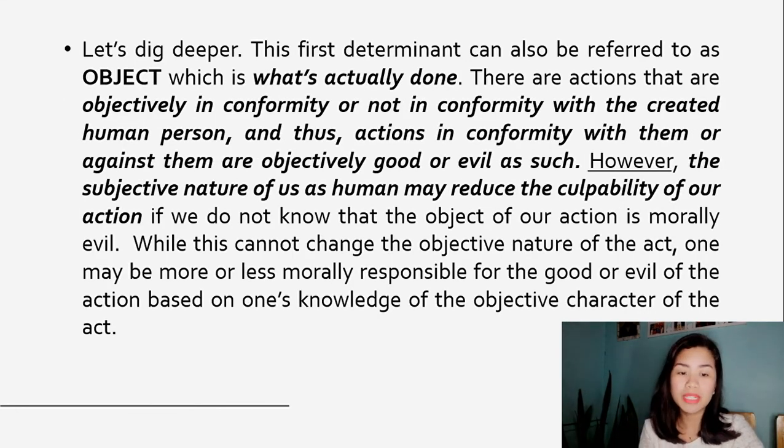The first determinant can also be referred to as object, which is what's actually done. There are actions that are objectively in conformity or not in conformity with the created human person, and thus actions in conformity with them or against them are objectively good or evil as such.